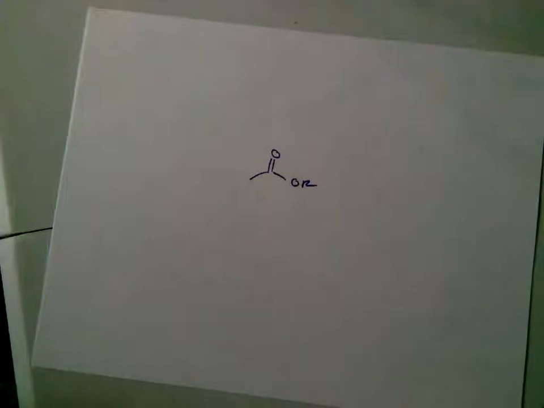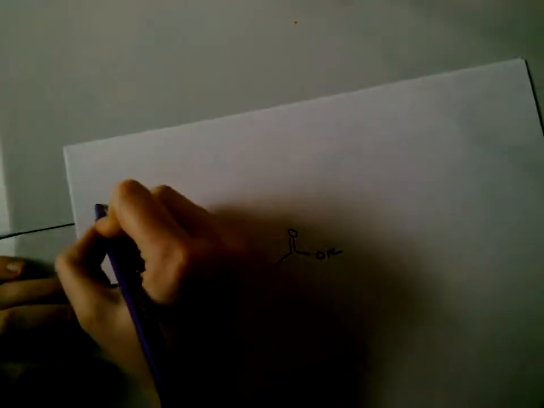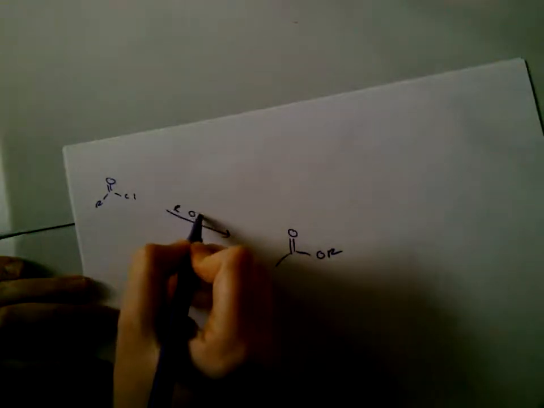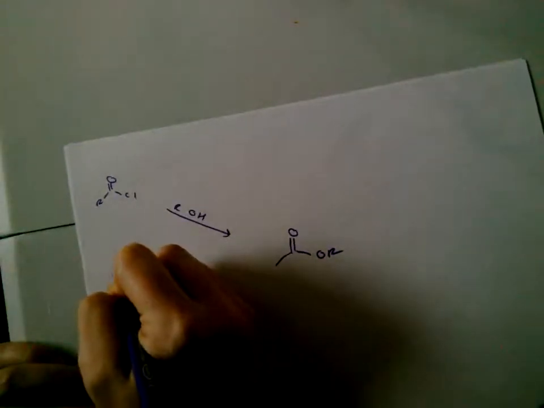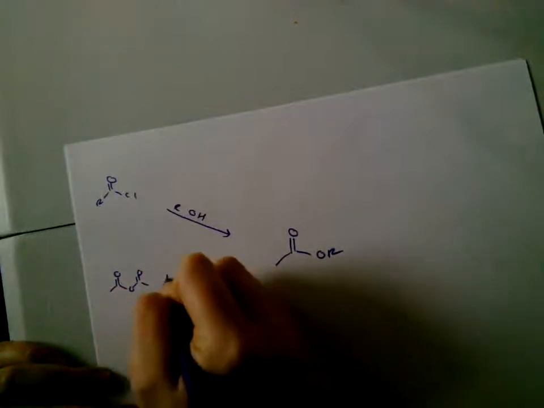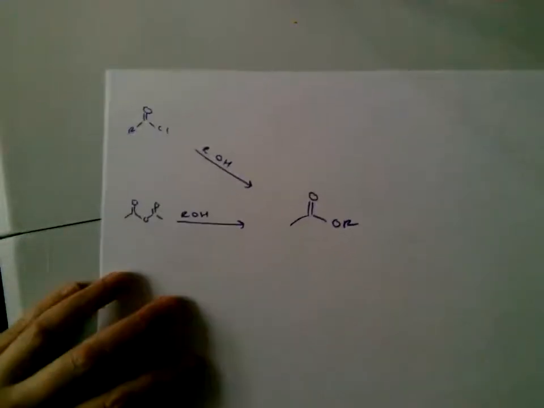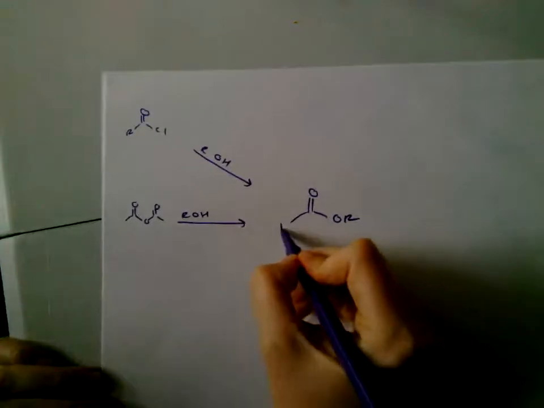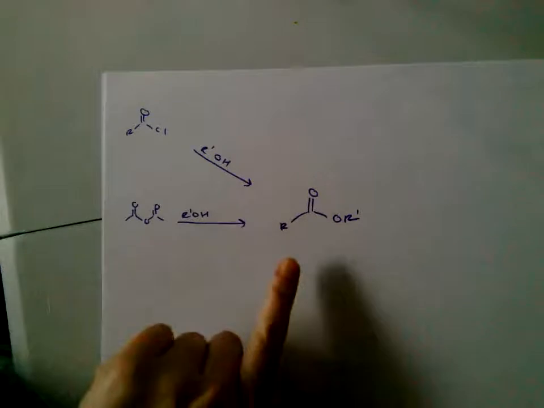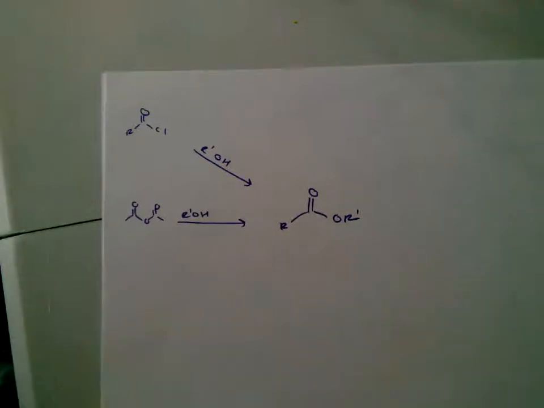So let's go ahead and put those on there. An acid chloride with an alcohol. An acid anhydride with an alcohol. I'm going to make this R, and we'll make the one that's being substituted out as R prime. So this is your existing R, and then we have R prime.